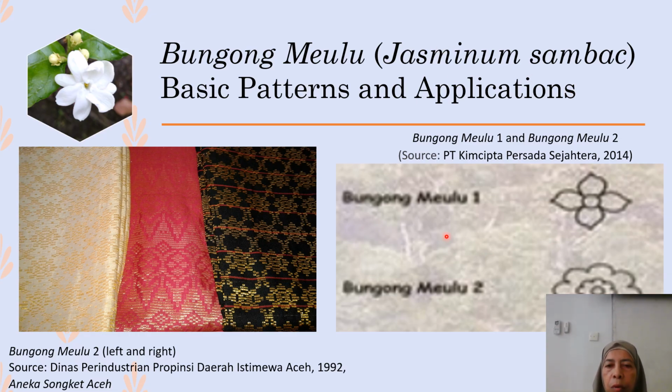The first is Bungong Melu 1, which has only 4 petals and a circle in the center, and also Bungong Melu type 2 with a slightly different shape. And on the left side, you can see when it is already applied as traditional fabrics.